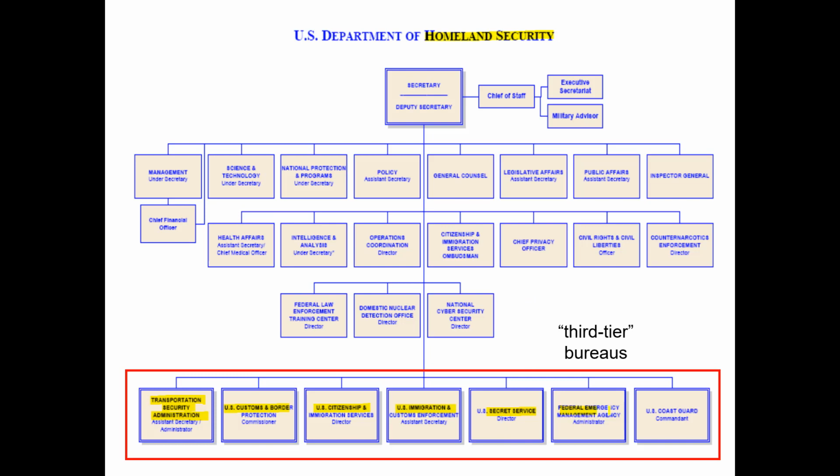Here is FEMA, which was put into this agency right here. And logically, see, the Coast Guard protecting our shores would be put into this Homeland Security Department as well. So those are the third-tier bureaus for the Department of Homeland Security.